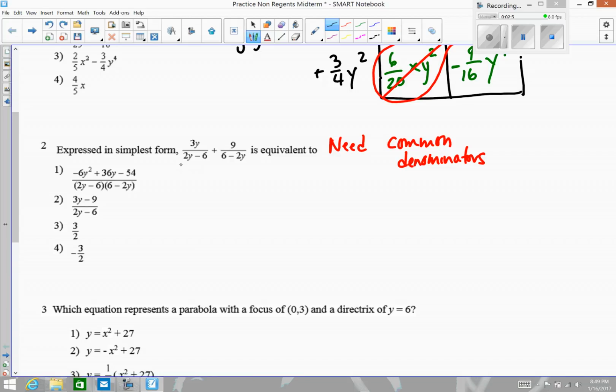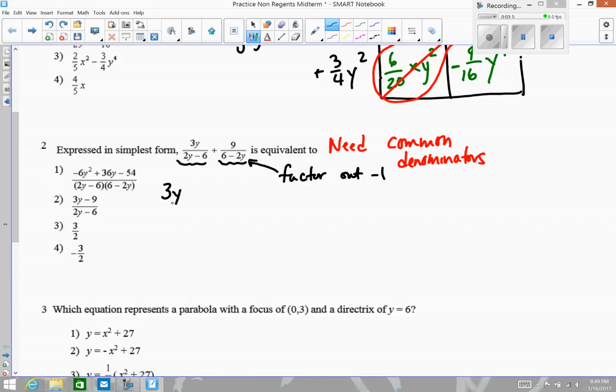Here I've got 2y minus 6, and then I have 6 minus 2y here. Almost the same, only opposite signs. If I want to have a 2y minus 6, I could factor out a negative 1 out of my second fraction denominator.